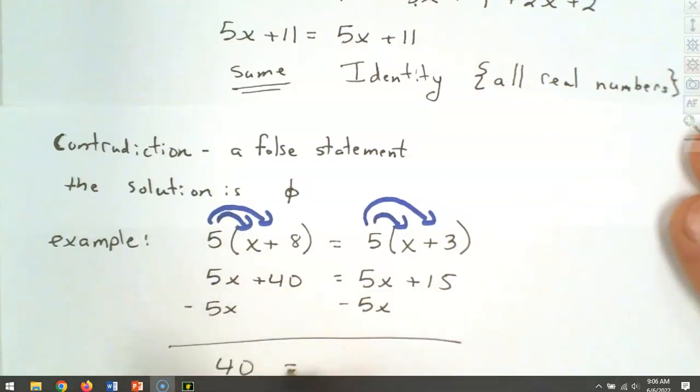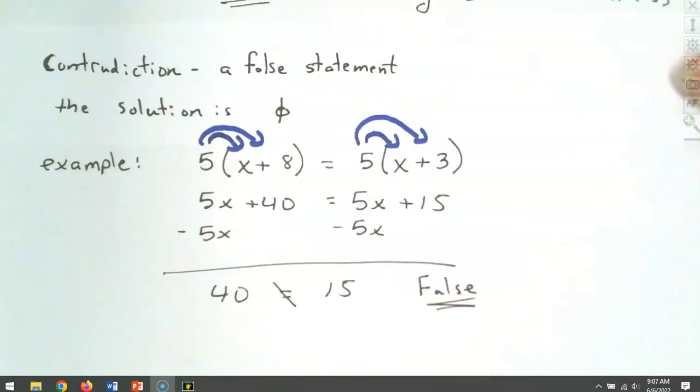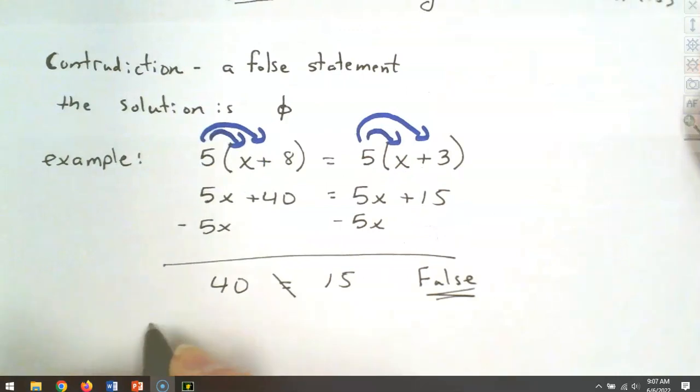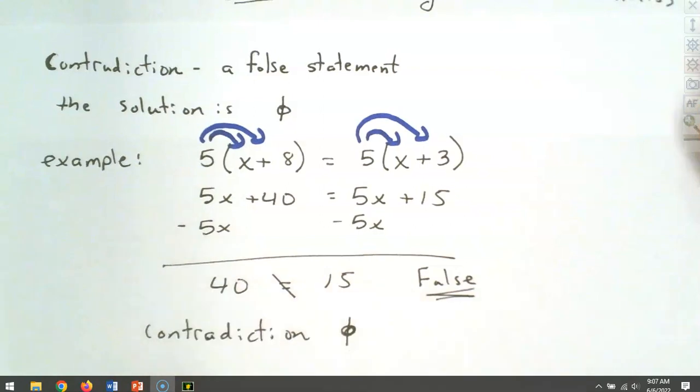And 40 is not equal to 15, is it? No. So that is a false statement, right? Because 40 cannot equal 15, and that means that this is a contradiction. And the solution set is empty.